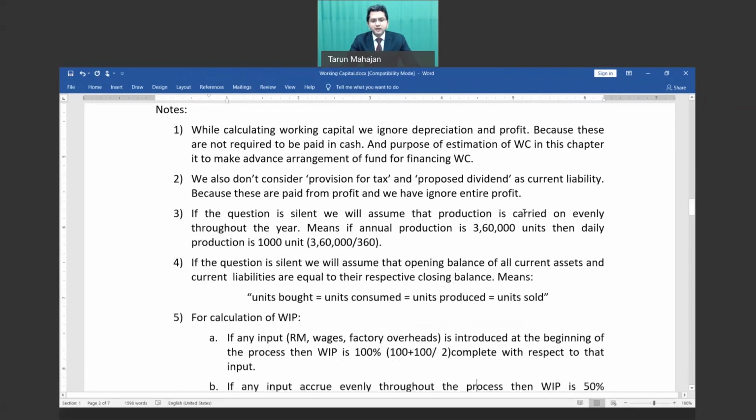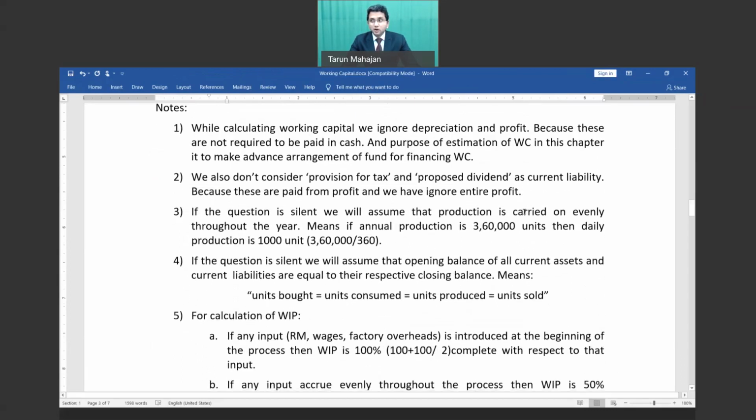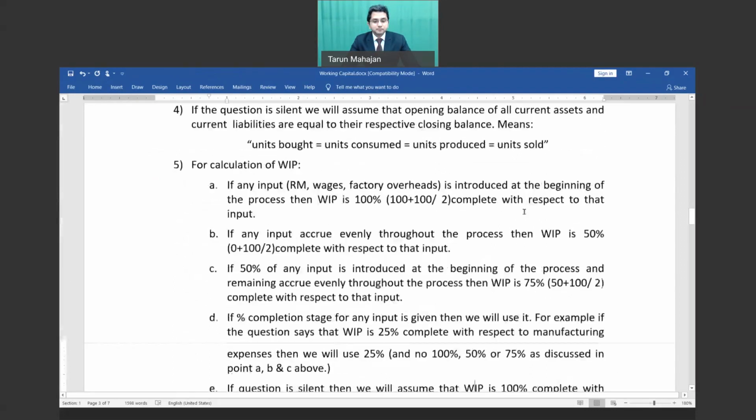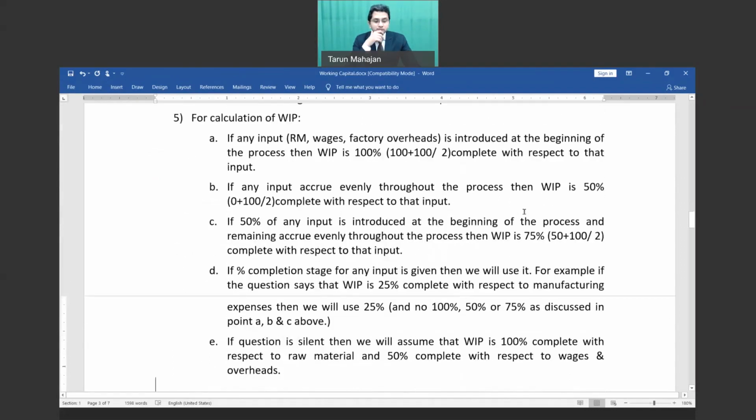Have you ever studied process costing at any of your examination levels? You have studied, that's great. In intermediate. Okay. All right.